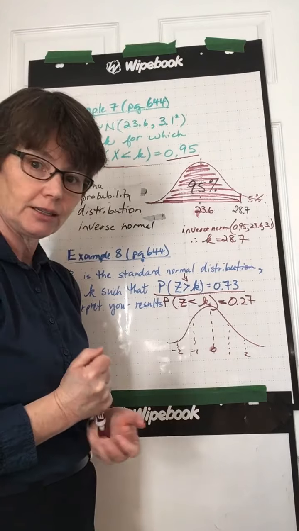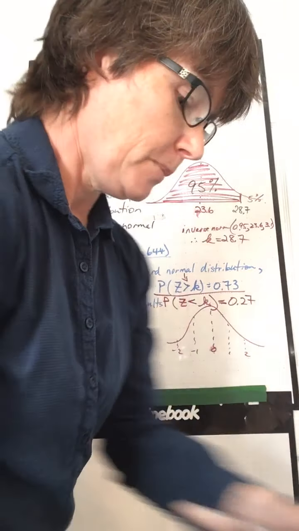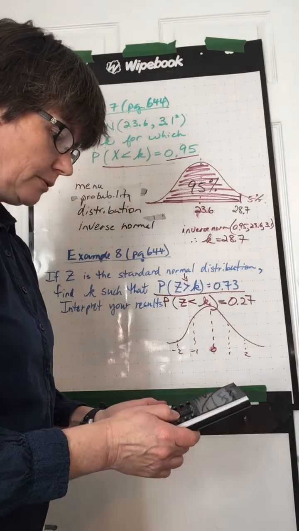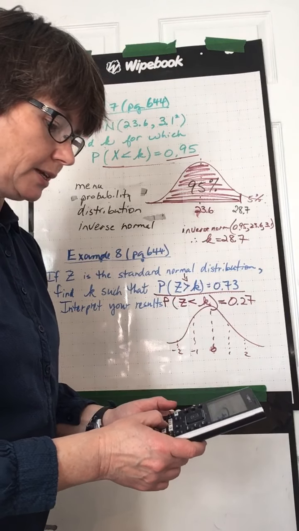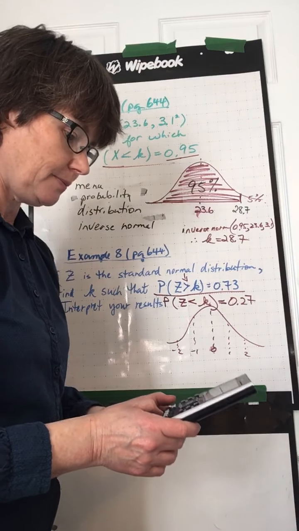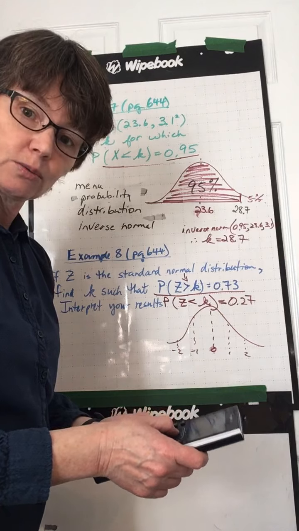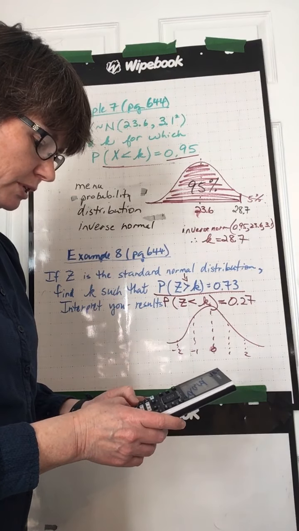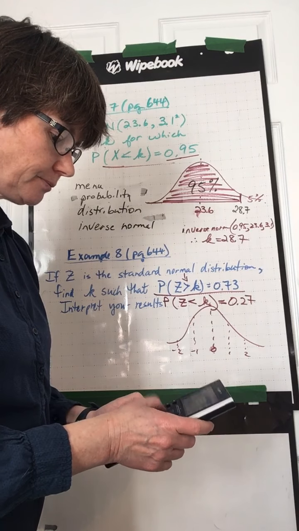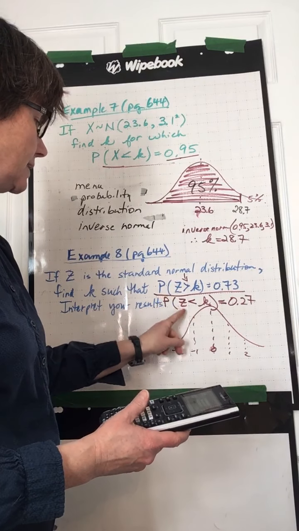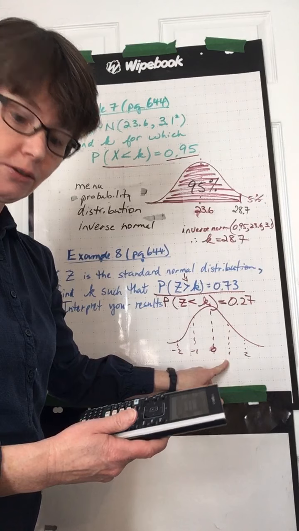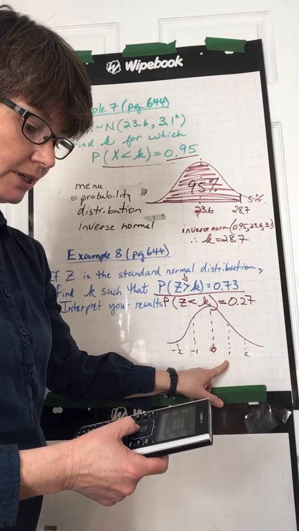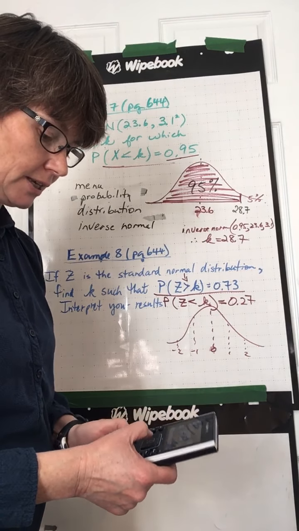All right, so get our calculators out. Same keystrokes, menu, probability, distribution, inverse norm, because we're finding a quantile, not a probability, 27%, so 0.27. And we're dealing with a z distribution, so we use mean of 0, standard deviation of 1, which are already there for us.